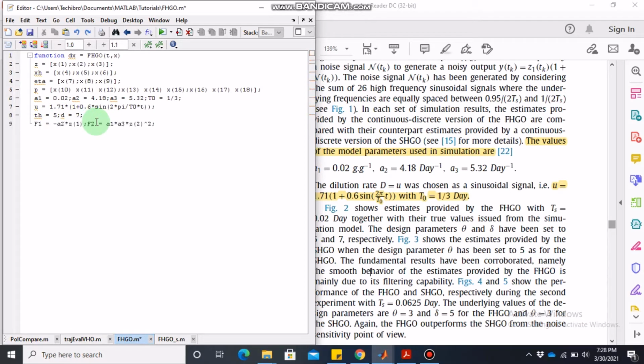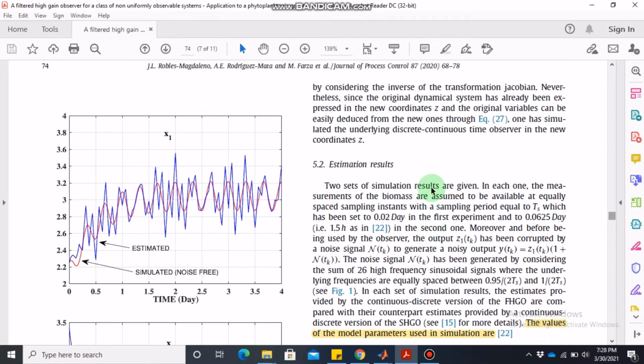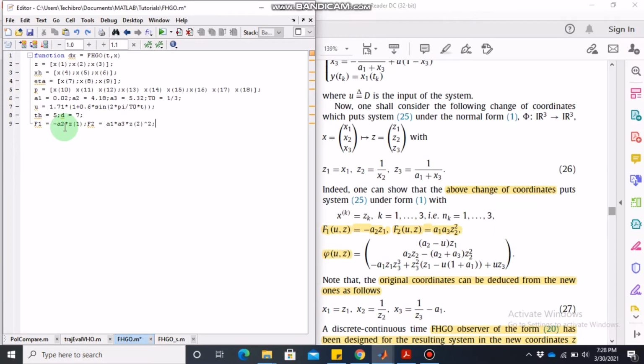Then you have to write the values of f1 and f2. If you go up there, so f1 and f2 values are given for the given example in the paper. So if we go here, this is the f1 and f2 right from the paper. And then we have to copy these f1 and f2.